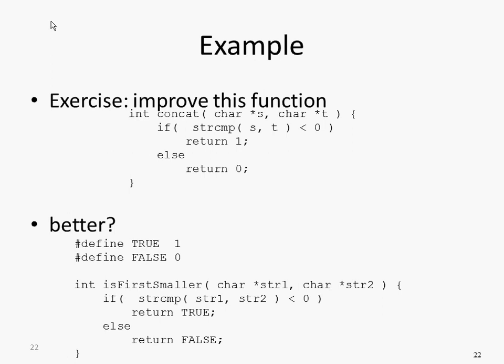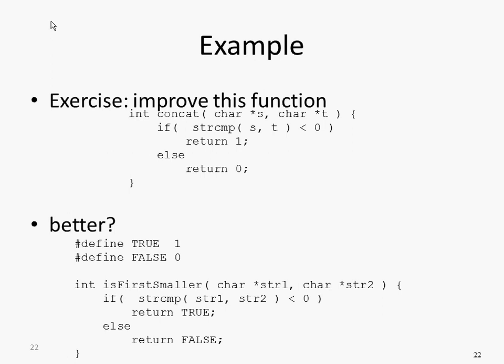Is first smaller? Is first string smaller? See, it clearly takes 2 strings. This one has an S and T, so you have string 1, string 2. And this name communicates that it's returning something that's true or false, because it uses the term is, which by convention indicates a Boolean.